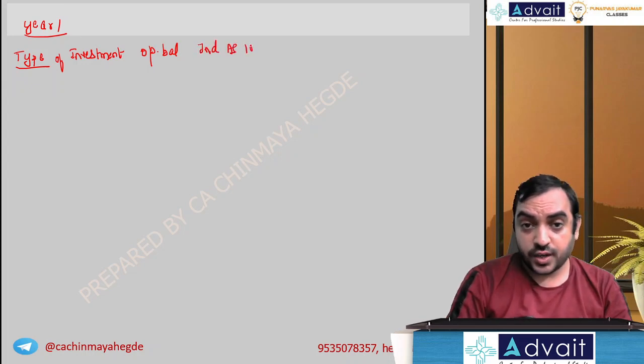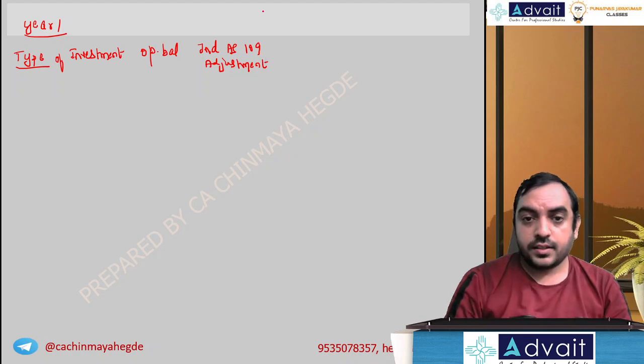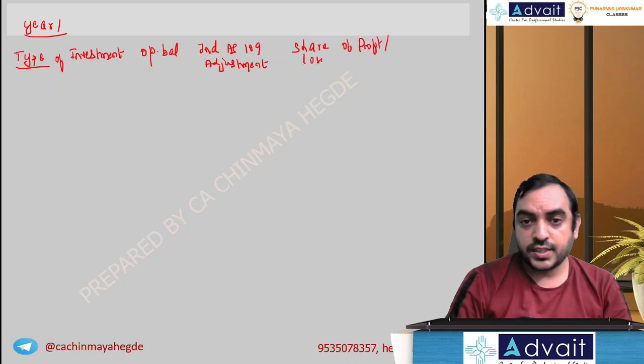Ind AS 109 adjustment. Then you apply share of profit or loss of associates. Then closing balance.